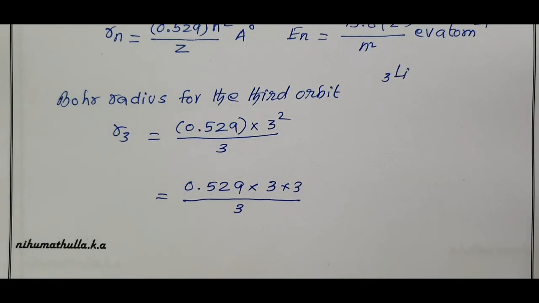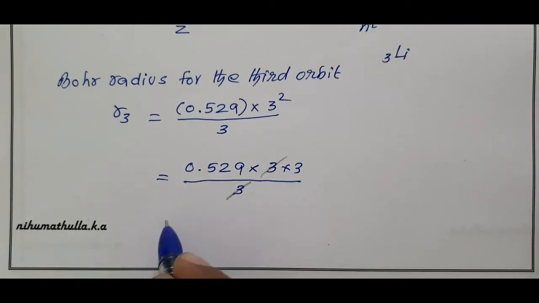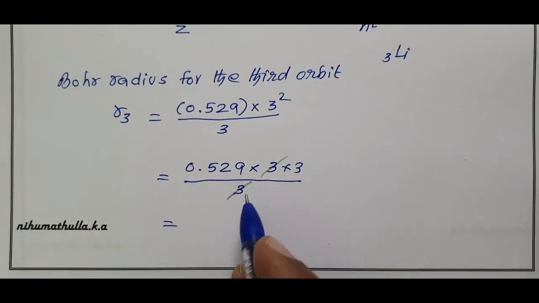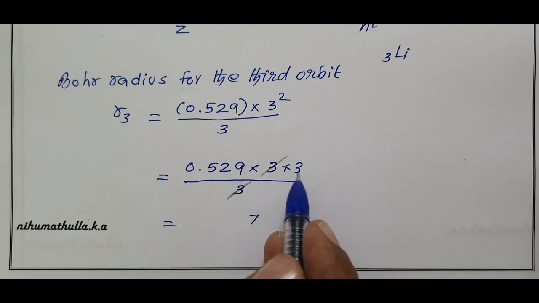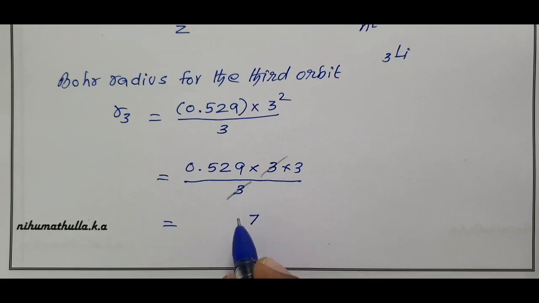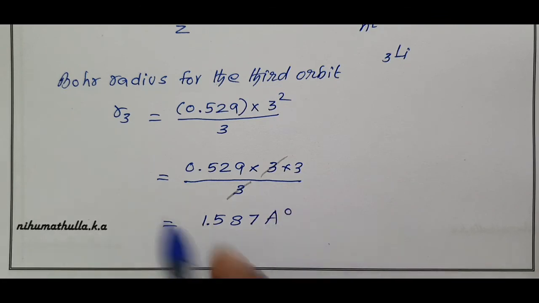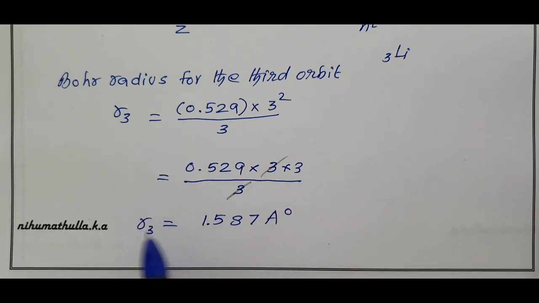One 3 and one 3 get cancelled. When you multiply these two, that is 1.587 Angstrom, which is the Bohr radius for the third orbit.